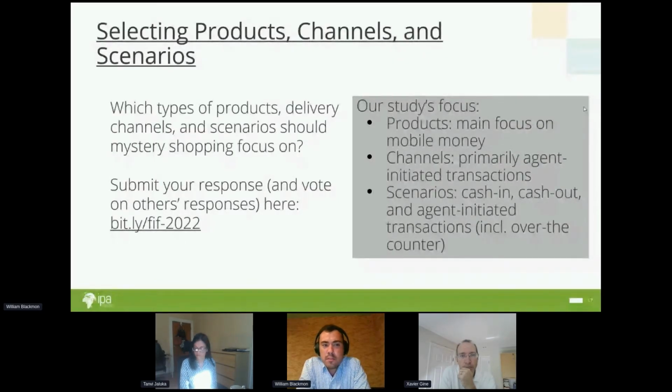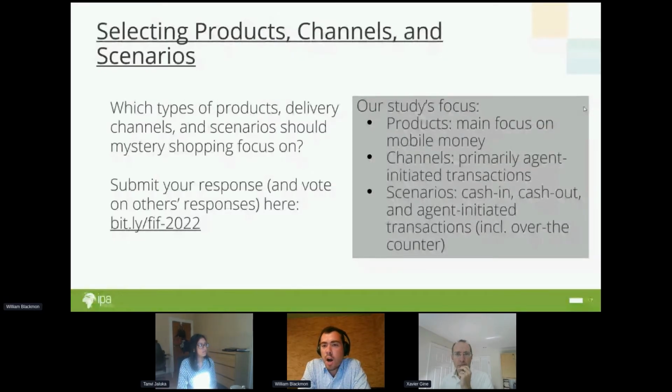So once you have a policy question, a policy objective in mind for a mystery shopping study, then you have to really decide on what products, what delivery channels, and scenarios the mystery shopping should focus on. And this really depends on what policy interests you have, what types of products, what delivery channels you think there may be concerns about that you want to explore through mystery shopping.